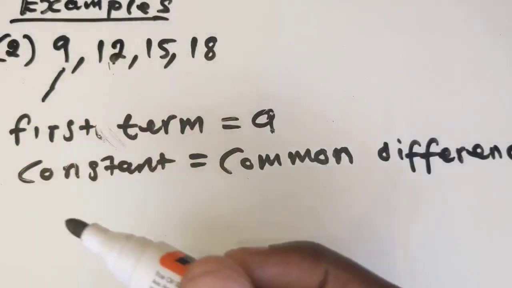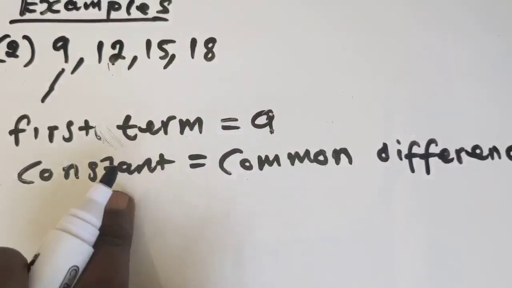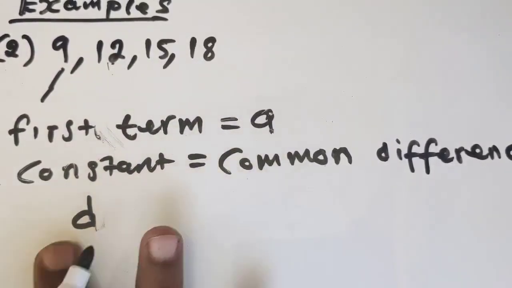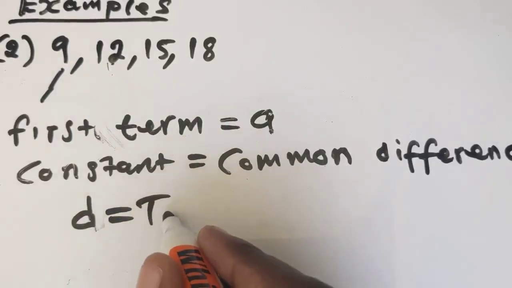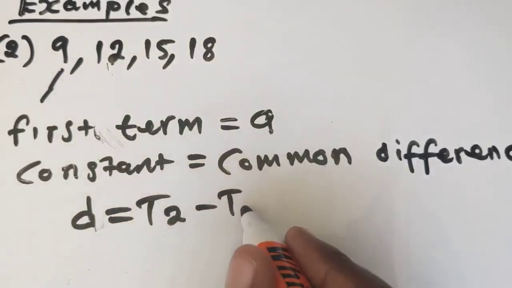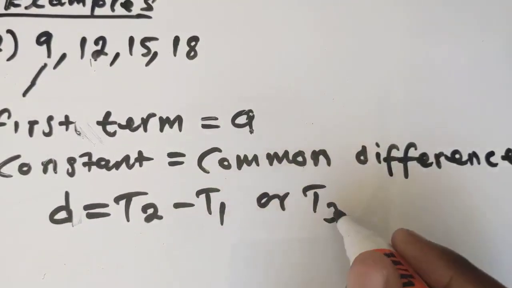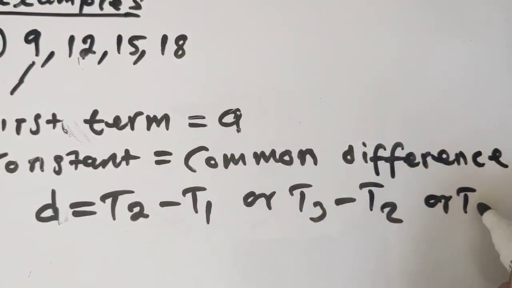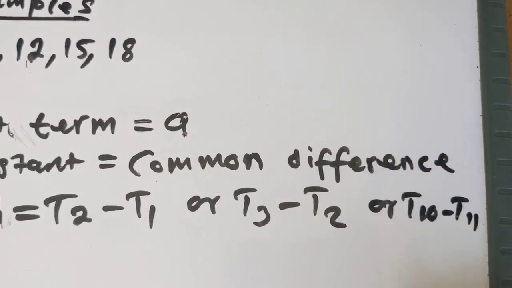So what do I mean? The common difference is denoted by D. So if you want to find the common difference, you say term 2 minus term 1, or term 3 minus term 2, or term 11 minus term 10.